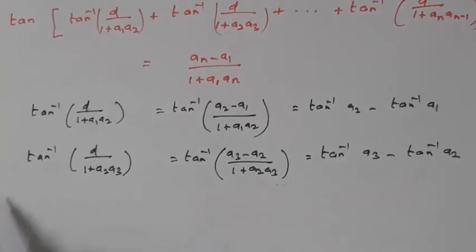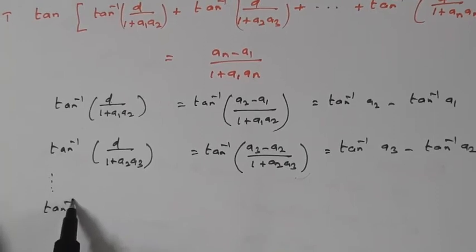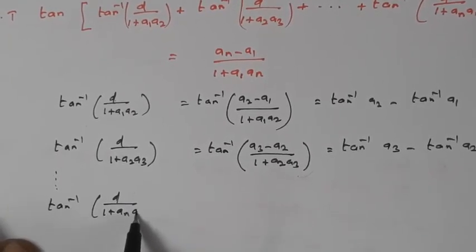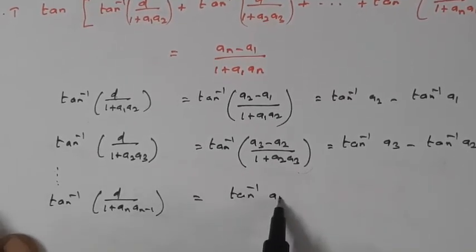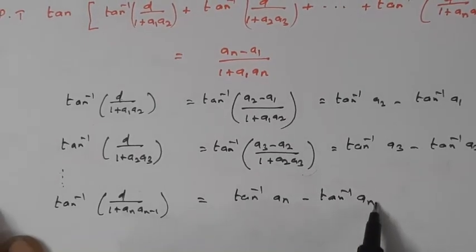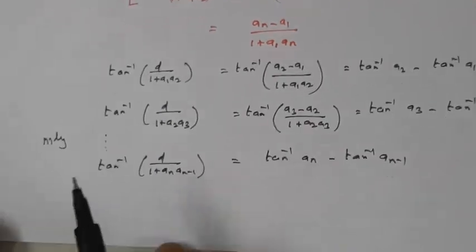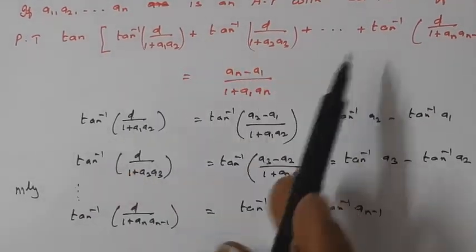In this way, if we proceed, we have the last term tan inverse of d divided by 1 plus an into an minus 1 is equal to tan inverse of an minus tan inverse of an minus 1. Now you have to add all these terms to get the terms inside the bracket.